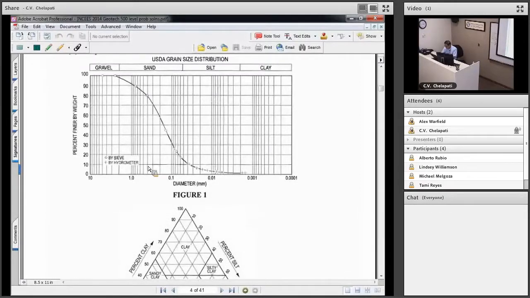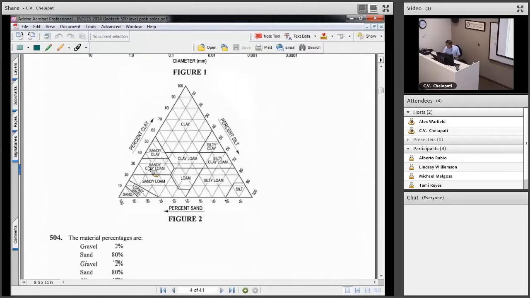And clay is 1%. That's way down here. So you can see that it's falling in this loamy sand area. So from a USDA point of view, this would be classified as a loamy sand. So on the exam, they probably have to give you the chart, then you have the grain size distribution, then you just go to the chart and you get your grain sizes, and then you go to the chart, find out what area you fall in.